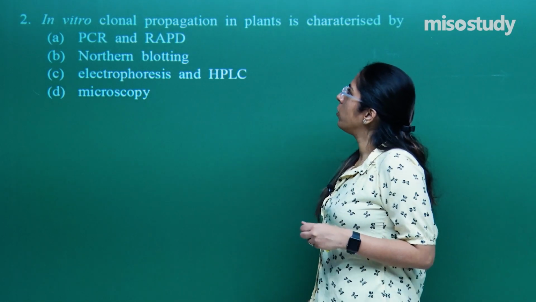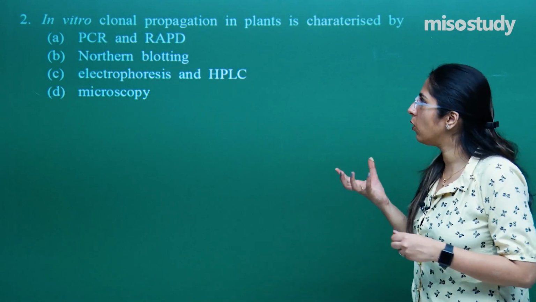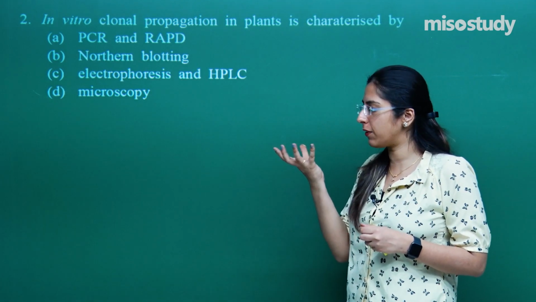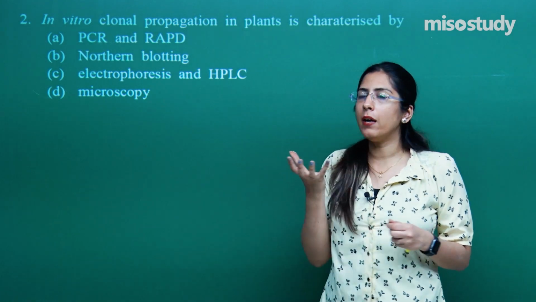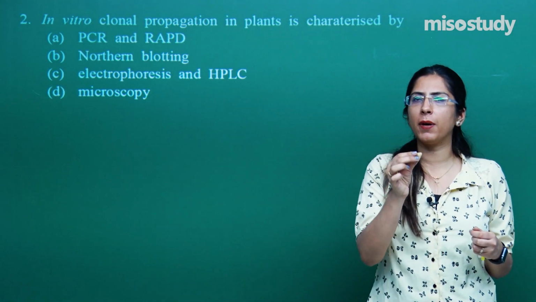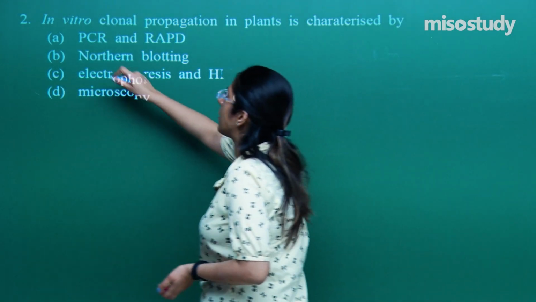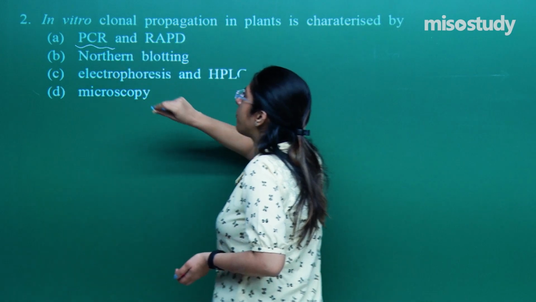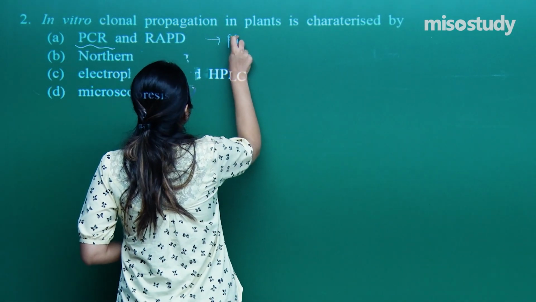In vitro clonal propagation is characterized by, in clonal propagation, that means what we have to do, we have to prepare a clone of it, and we know that we have a very clear-cut mechanism we studied in biotechnology principles and processes, that is called PCR. And what is the full form of PCR? PCR full form is polymerase chain reaction.